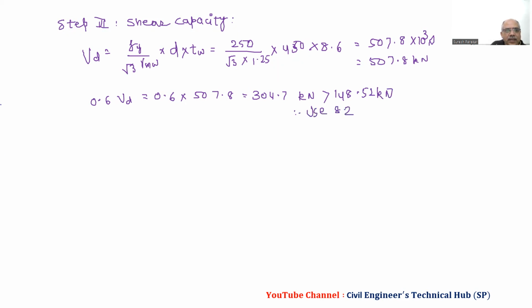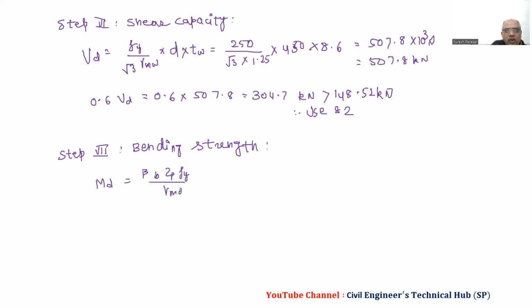And then we have last, that is bending strength, step 7. And then we have MD equal to beta B ZP Fy upon gamma MO.